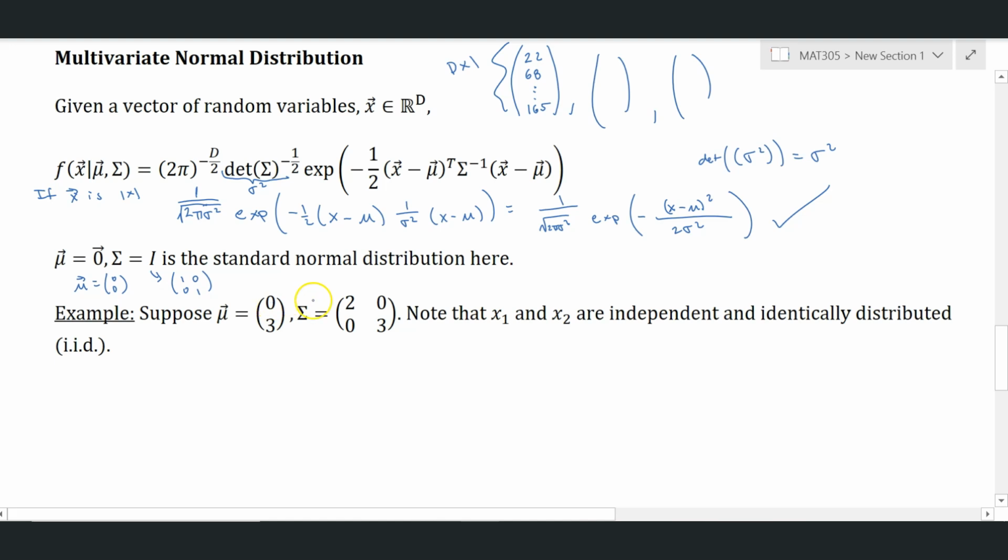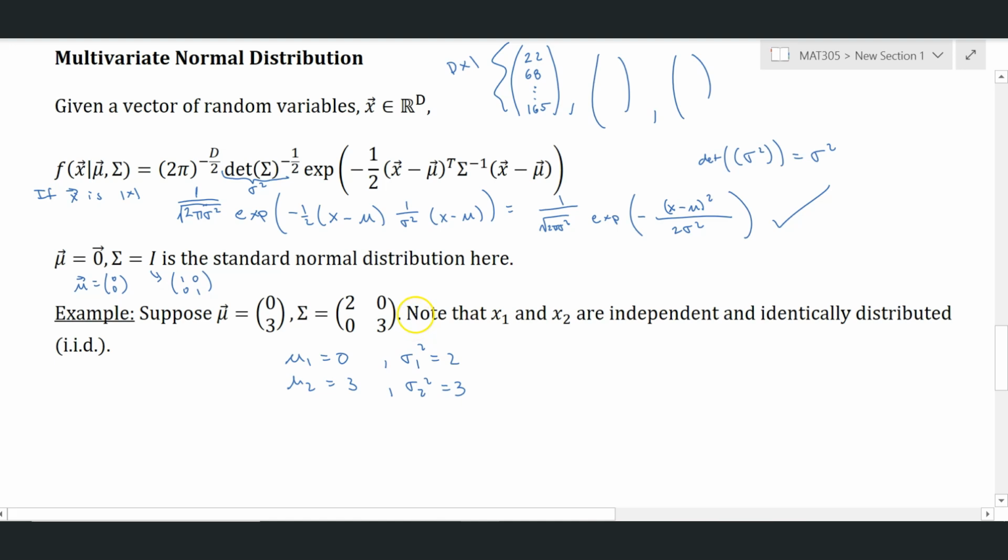We have a mean of 0 for random variable 1, I'll call this mu1 equal to 0, and sigma 1 squared is equal to 2. And then mu2 is equal to 3, and sigma 2 squared is equal to 3. So a little more variance in that second random variable.